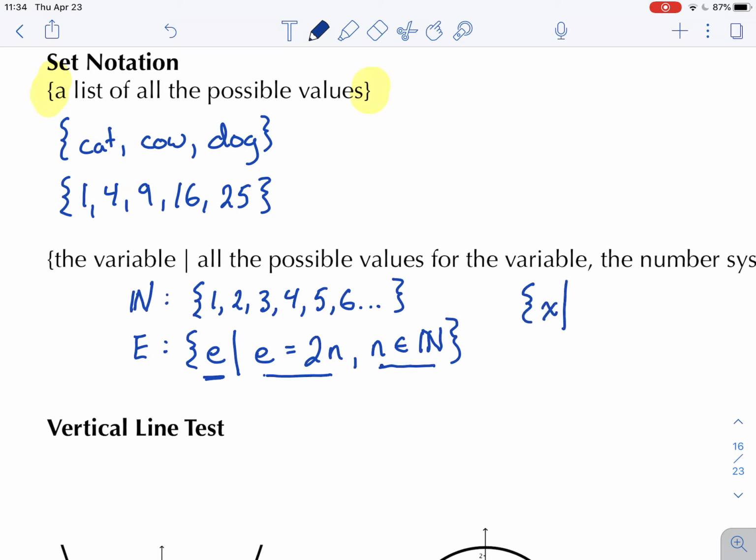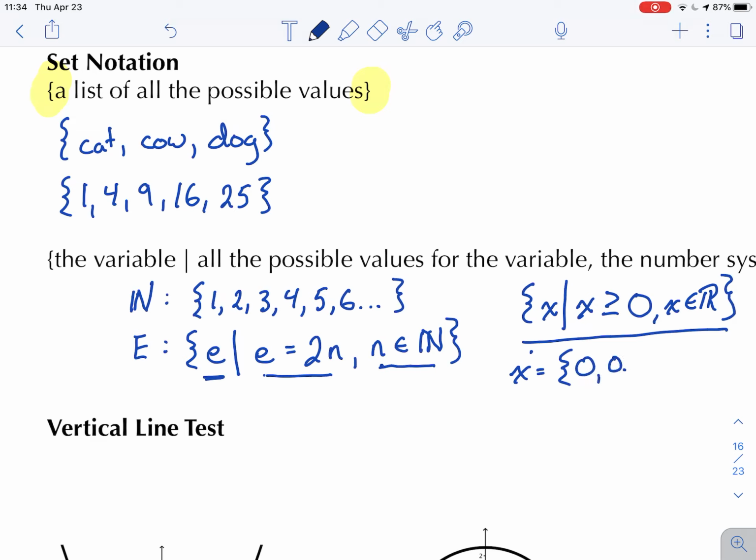Now, we're going to use this a lot. And it's going to look like this. Our domain value x, and x has to be greater than or equal to 0. X could be any real number, so it could include decimals. This type of set notation we are going to use a lot. What would this set look like?